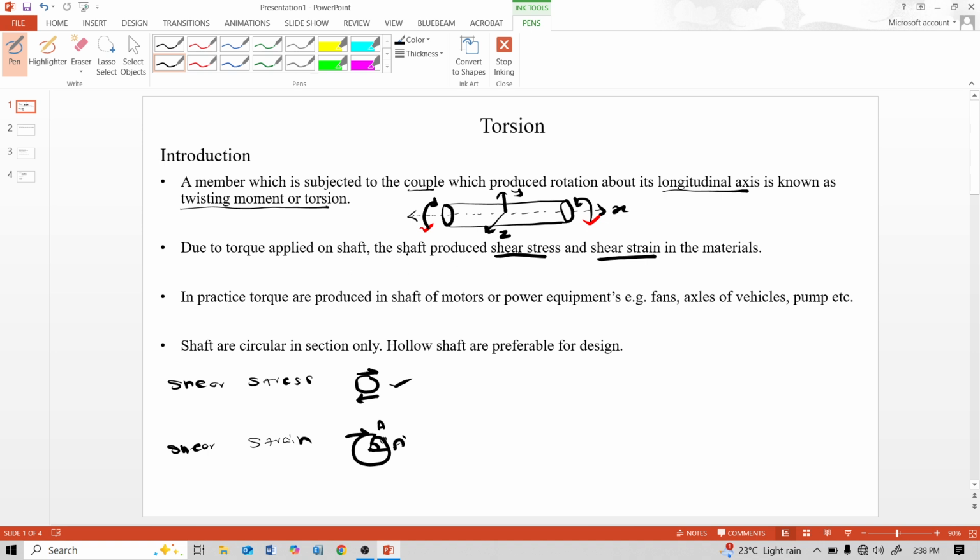Due to torque applied on the shaft, this shaft produces shear stress and shear strain in the material. Third point is, in practice, torques are produced in shafts of motors or power equipment, for example fans, axles of vehicles, pumps, etc. Shafts are circular in section only. Hollow shafts are preferable for design.